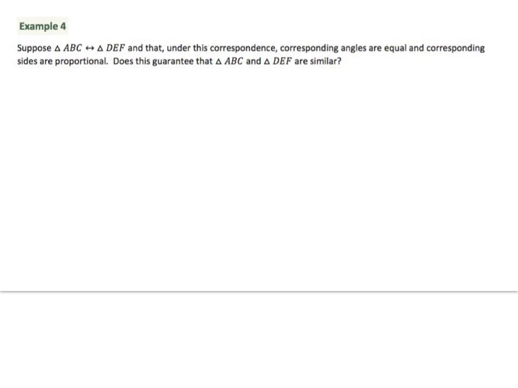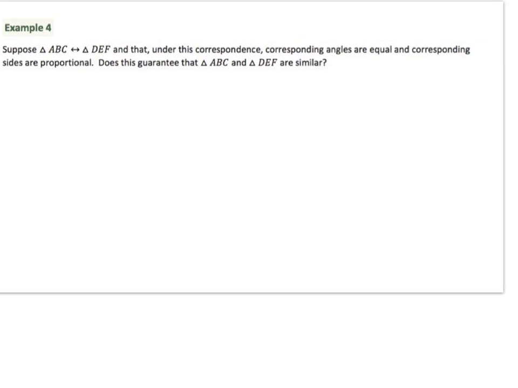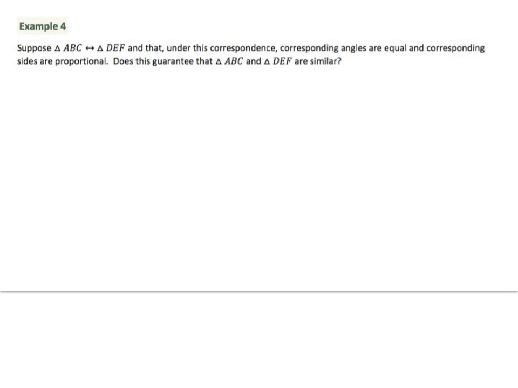Example 4. Suppose triangle ABC and triangle DEF are related, and that under this correspondence, corresponding angles are equal and corresponding sides are proportional. Does this guarantee that triangle ABC and triangle DEF are similar? Yeah, we just talked about it. Now we're sort of doing the backwards. So I didn't tell you that these are similar. We did not say that triangle ABC is similar to triangle DEF.